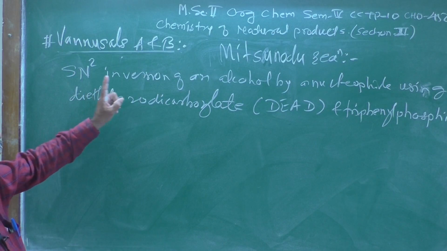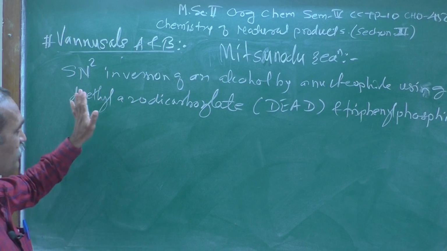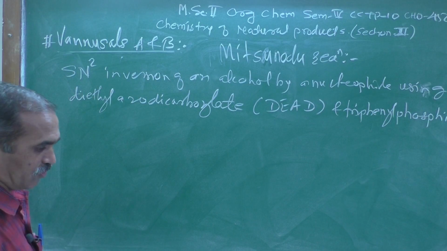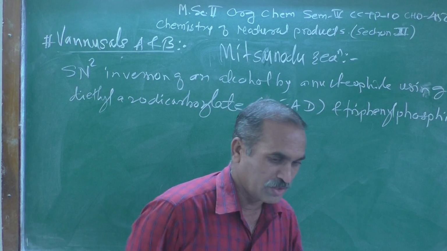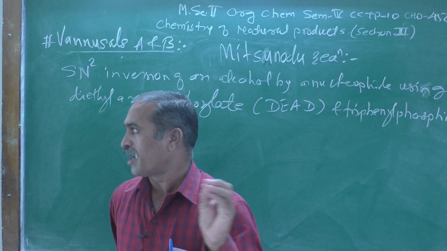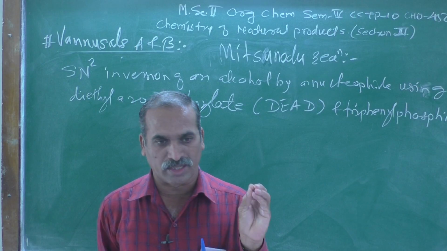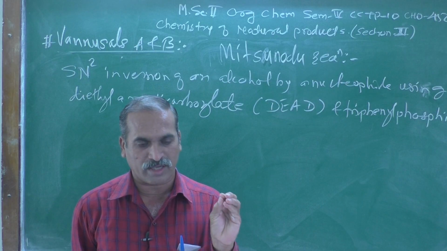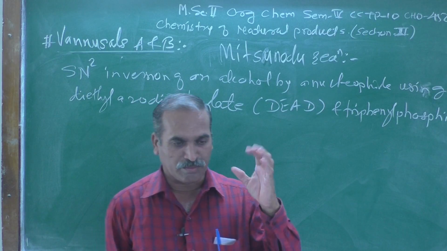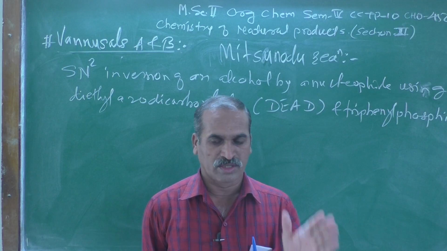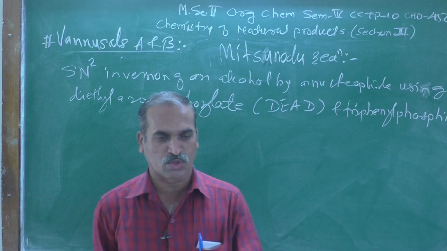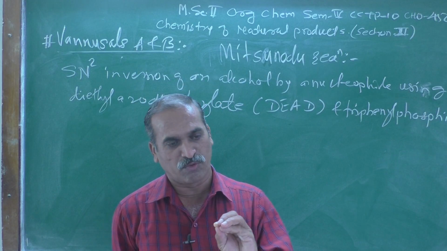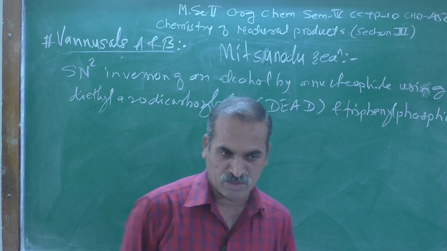The SN2 inversion, as we know, SN2 means substitution nucleophilic bimolecular. Why is it bimolecular? Because it is a kinetically controlled reaction where the nucleophile attacks from the backside, and bimolecular means both substrate as well as nucleophile are involved in the rate determining step, and therefore it is known as a bimolecular reaction.